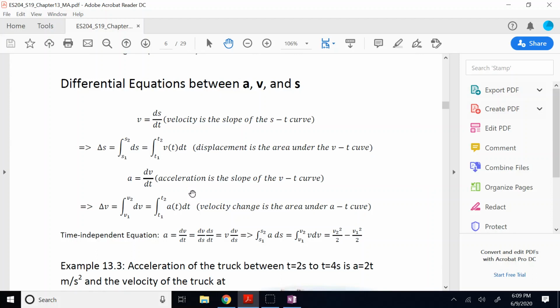So differential relations or equations between velocity, acceleration, and position. Well, we just learned the relation between V and S. V is ds over dt. So what does it mean graphically? What does derivative mean graphically, right?